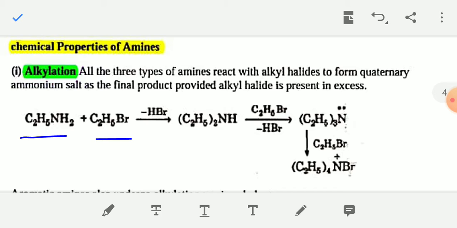If secondary amine reacts with alkyl halide, it will be converted into tertiary amine. So all three types of amines react with alkyl halide to form quaternary ammonium salt as the final product, provided alkyl halide is present in excess.